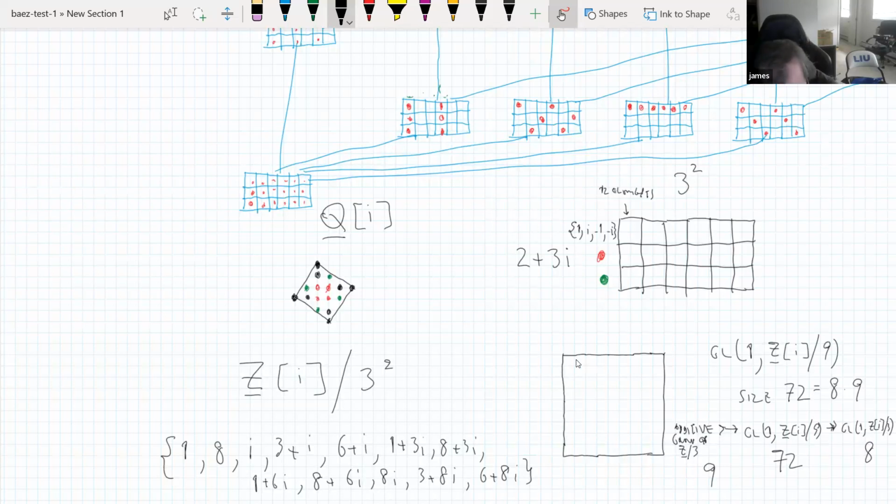This is going to be invariant under Gaussian conjugation, which ends up meaning that it's symmetric under this diagonal thing, because it's symmetric under the 90-degree rotation on the Gaussian integers, and also under Gaussian conjugation.